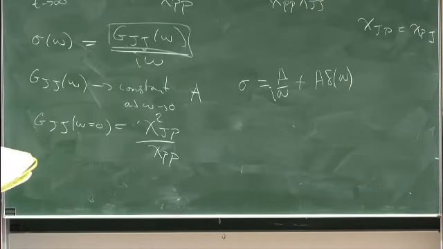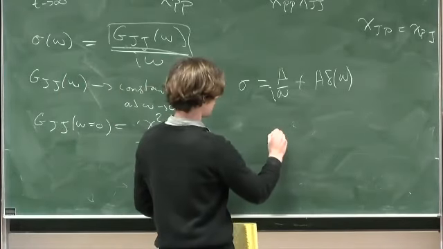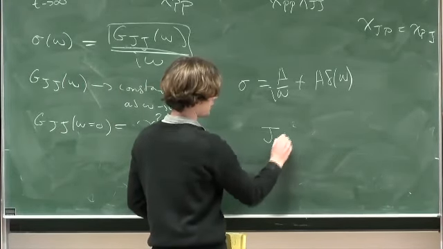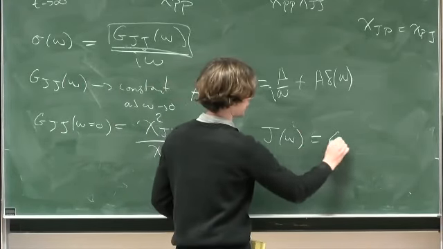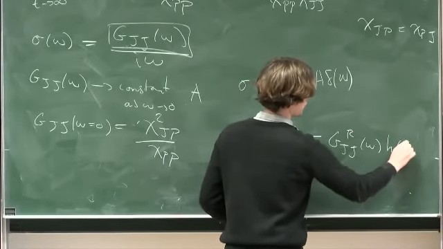Right, good. So the definition of the Green's function is that J, the current at omega, is the retarded Green's function at omega times the source at omega.